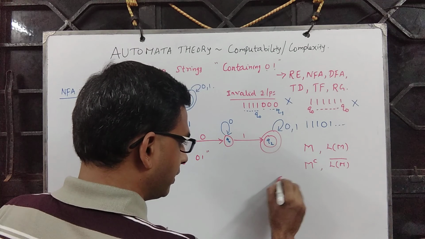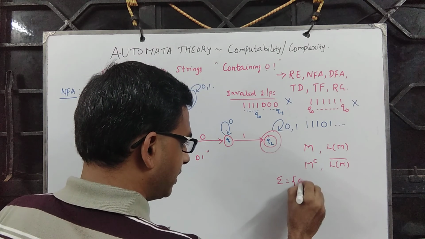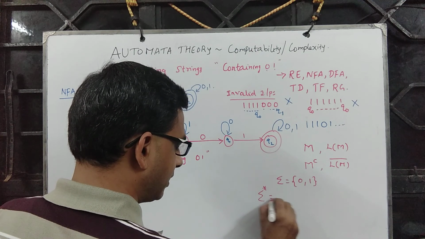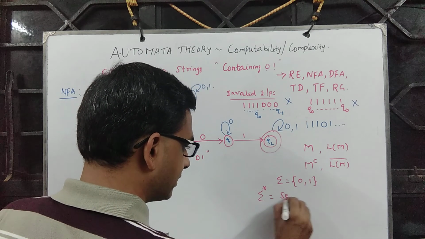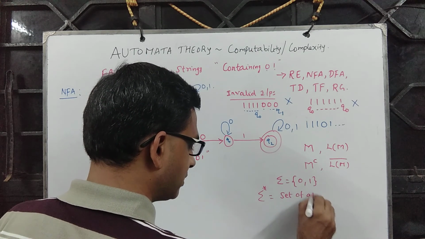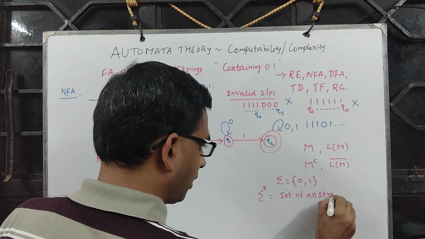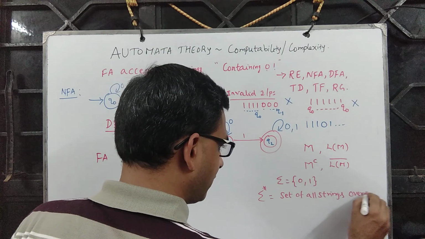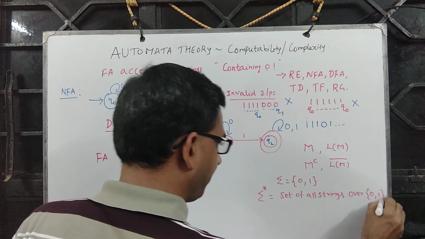So please note, sigma is 0, 1. Sigma star is precisely the set of all strings over sigma, which means over 0, 1.